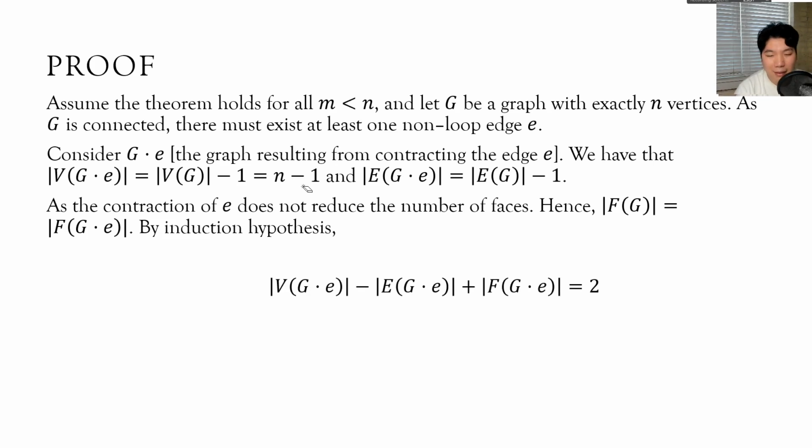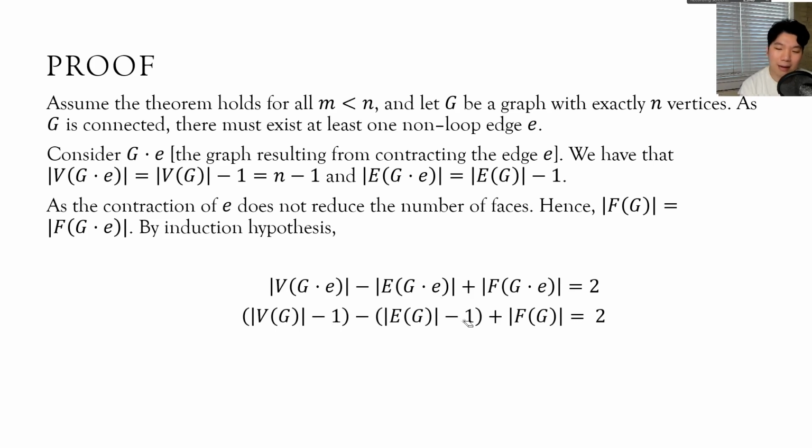The number of vertices in my contraction minus the number of edges plus the number of faces is equal to 2. But using these equalities, remember the number of vertices in my contraction is the original number minus 1. The number of edges is the original number of edges minus 1. And the number of faces is the same.